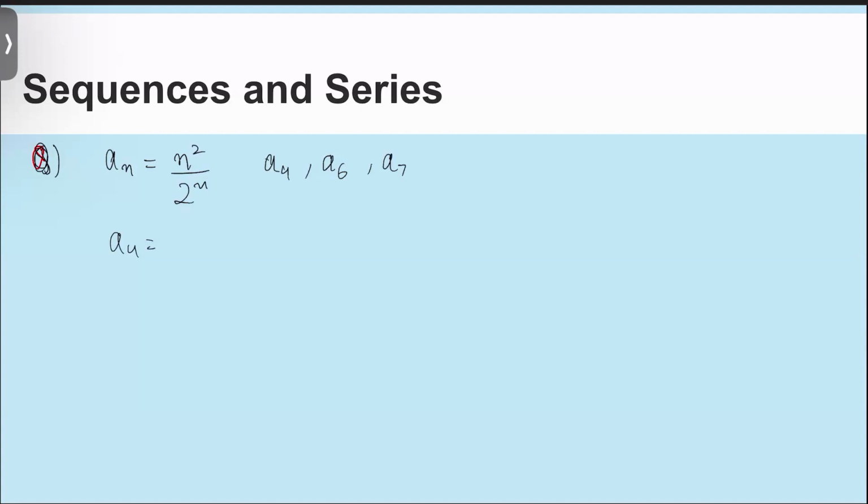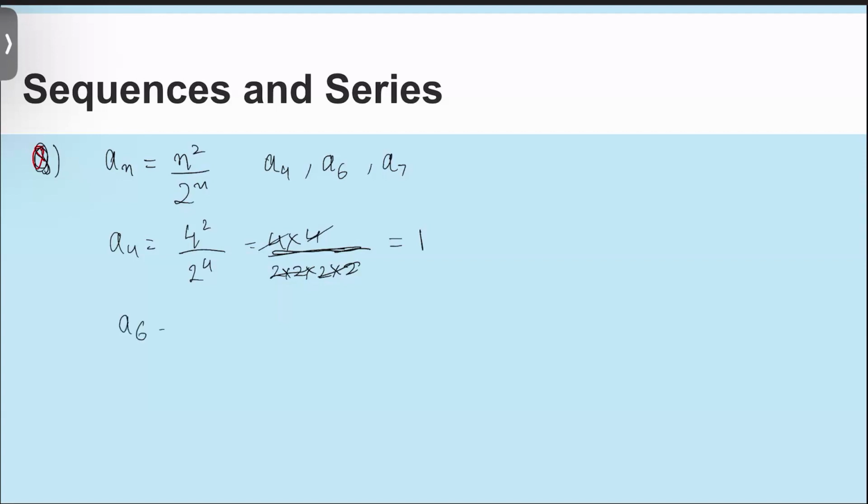So a4 would then be 4 squared by 2 raised to 4. Since both of them are multiples, 2 into 2 is 4. So this is 1, because 4 squared is 16, and 2 raised to the power of 4 is also 16, so they both get cancelled.